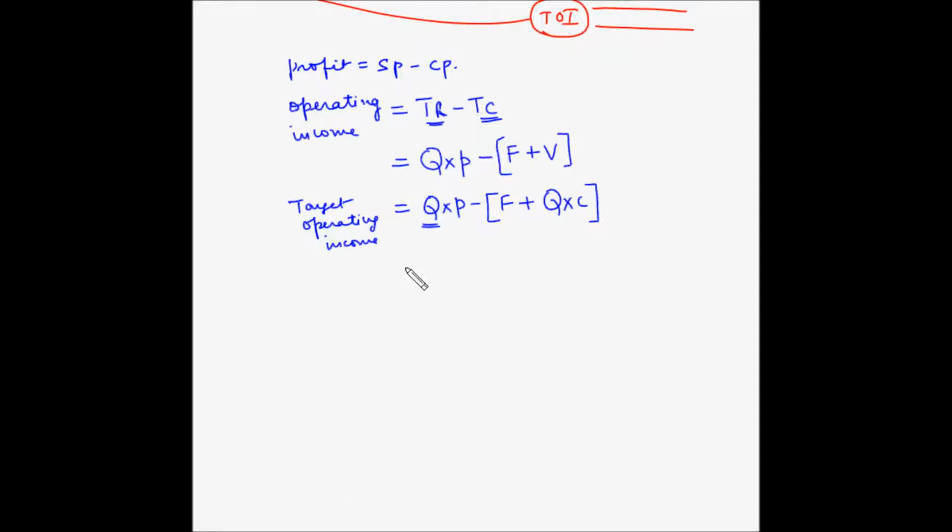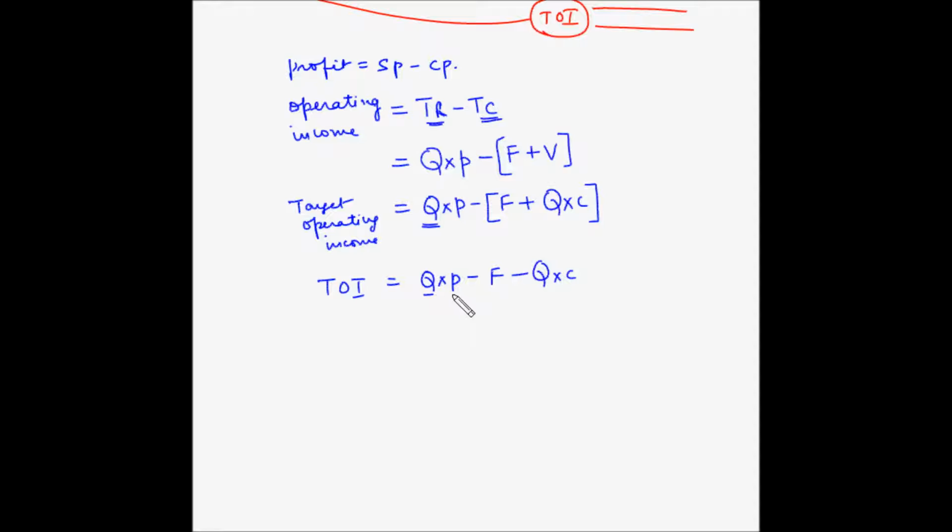So let's find out the formula for this. Let's use TOI as short form for this. Target operating income is equal to Q multiplied by P minus F minus, so we are opening the bracket here and minus plus is minus, Q multiplied by C.